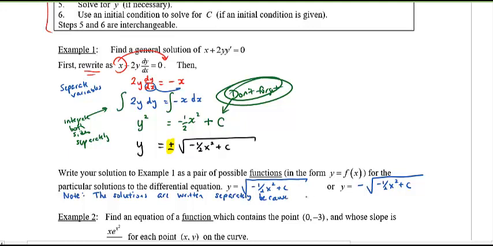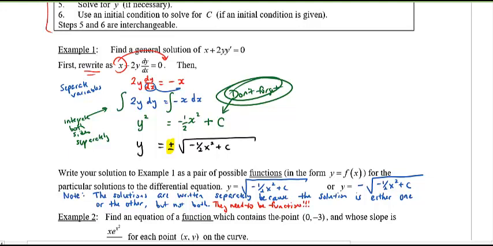Because the solution is either one or the other, but not both. Remember, we want functions. They need to be functions.